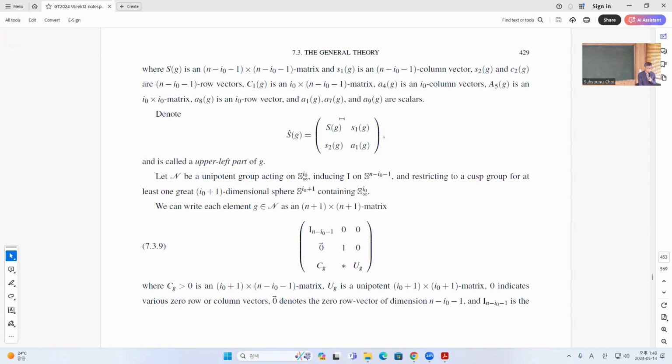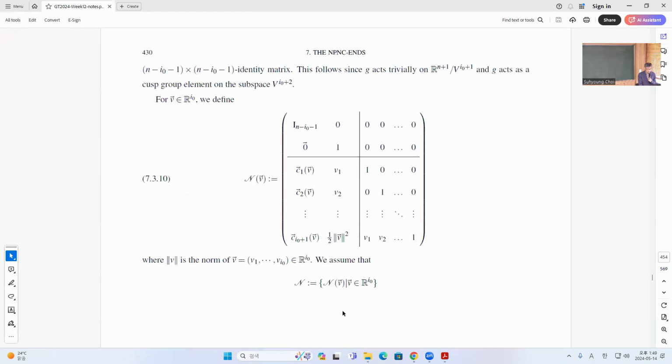So you call this part the upper left part. And so now we have some unipotent group acting on this space. And of course these will be shown to exist later, but let's say these will look like this, with U_G being the unipotent matrix and so on.